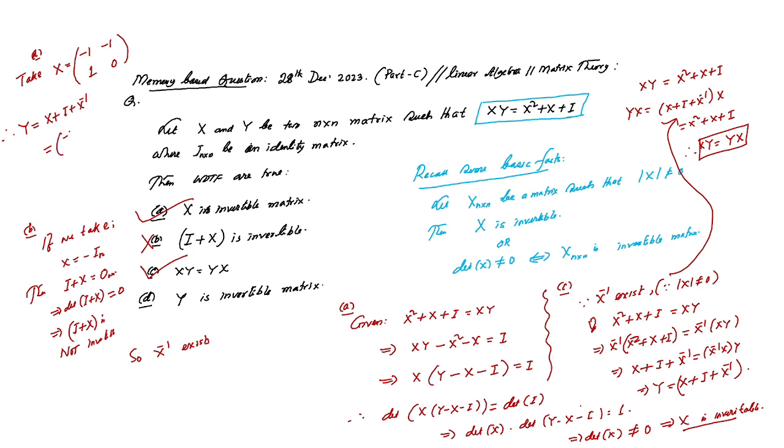X is (-1, -1; 1, 0) plus (1, 0; 0, 1) plus X inverse. So here, what will be the inverse of the matrix? We will calculate here.